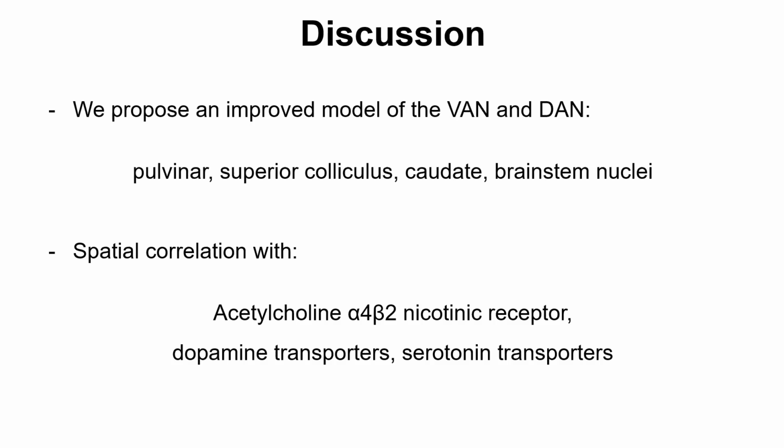With this, we propose an improved model of the ventral and dorsal attention networks that includes the pulvinar, the superior colliculi, the head of caudate, and a group of other brainstem nuclei whose projections are specially correlated with the distribution of acetylcholine alpha-4 beta-2 nicotinic receptors, and dopamine and serotonin transporters.